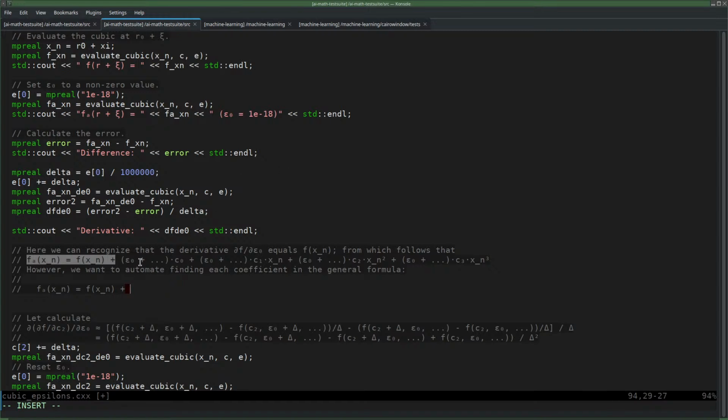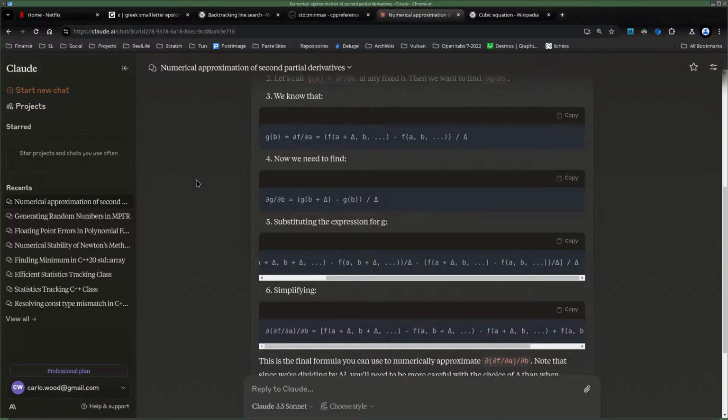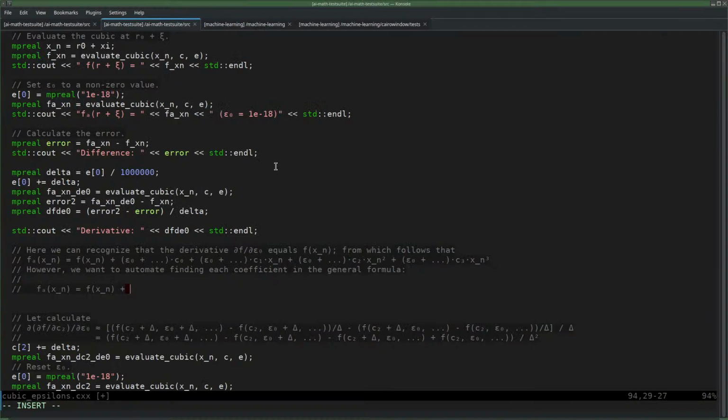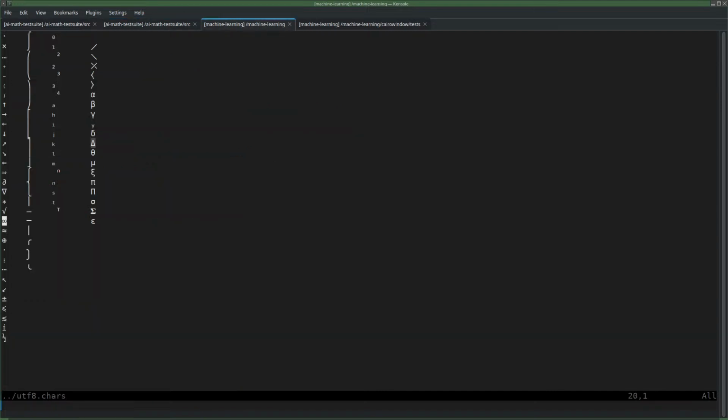So now each of these is simply the sum over all epsilons. So we need a sigma. Oh, control top. What the hell happened here? Oh, cancel. I'm not having a sigma here, really. Nope.